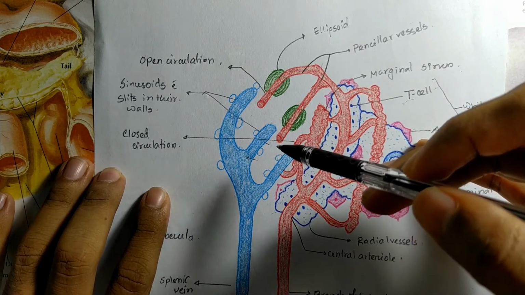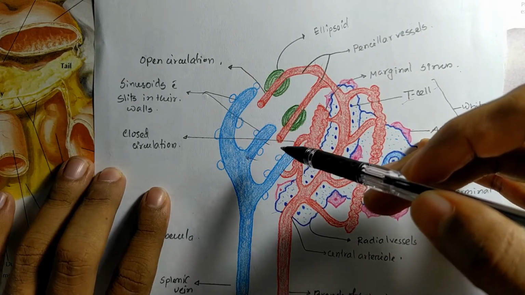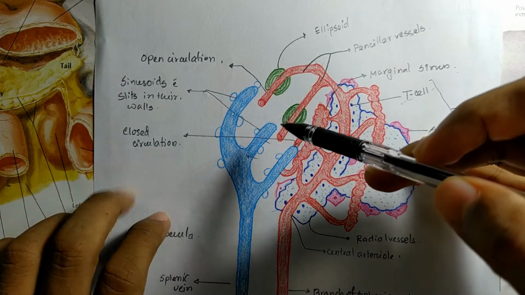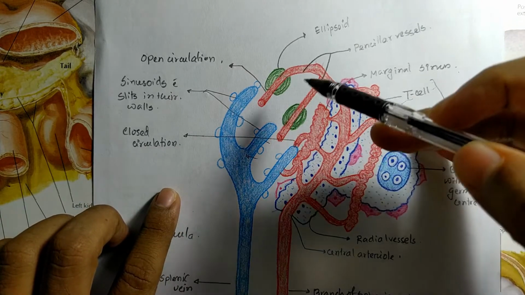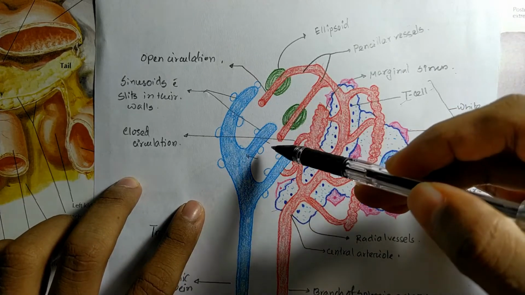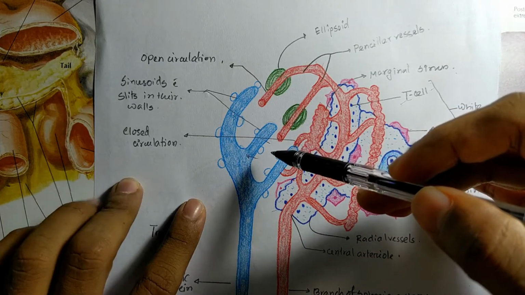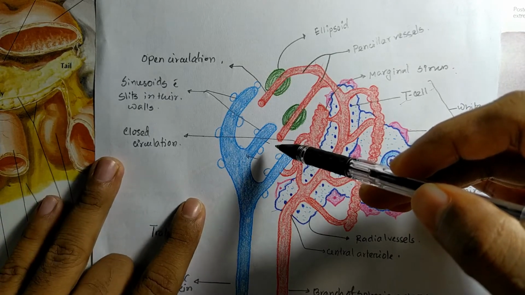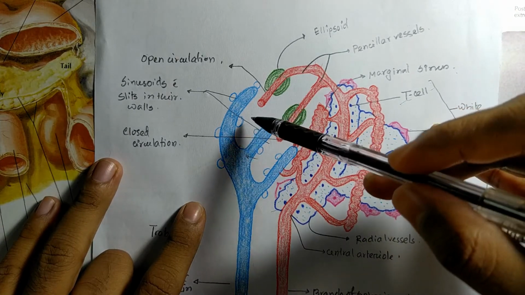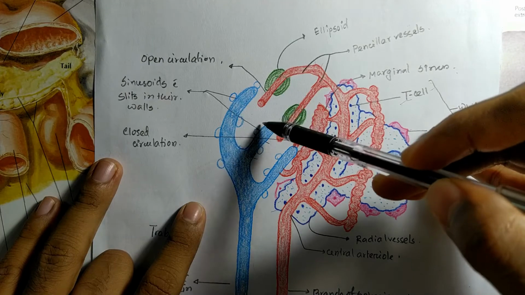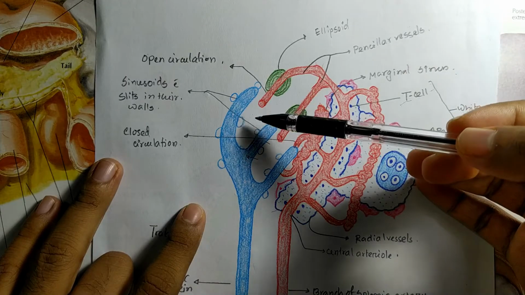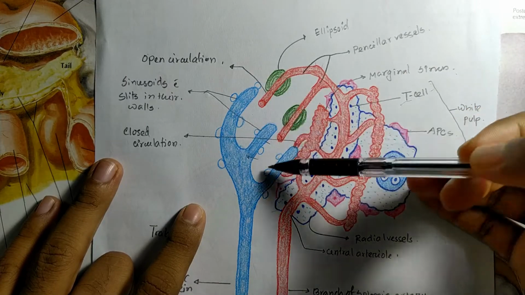Dendritic cells are one of the important mononuclear phagocytic cells. Phagocytic cell means the cell which can kill the unwanted substances of the body. There are many mononuclear phagocytic cells present in the body, especially in the spleen. The name of this mononuclear phagocytic cell is the dendritic cell. So the dendritic cell will phagocytose the RBC that are defective or aged. So that will be killed here in the venous sinuses.